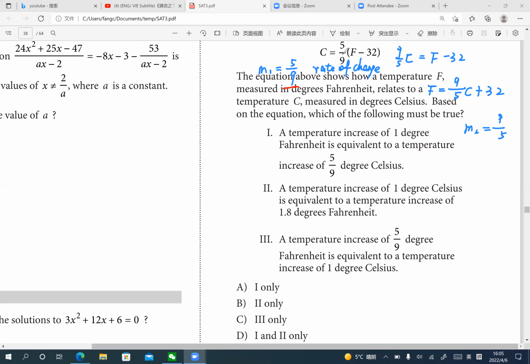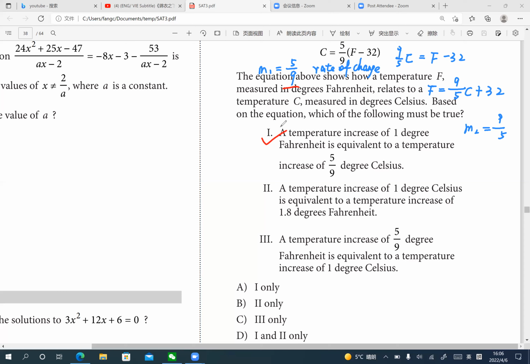The slope, also known as the rate of change, means that when F increases or changes 1 unit, correspondingly, C will change 5 over 9 units. Therefore, the first statement, a temperature increase of 1 degree Fahrenheit is equivalent to a temperature increase of 5 degrees Celsius, is not correct.